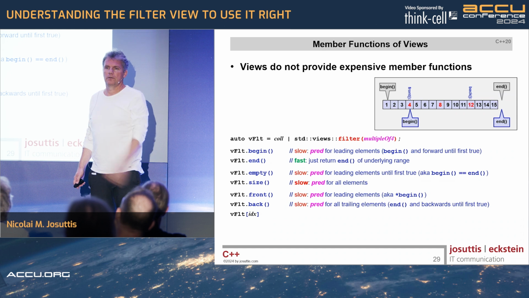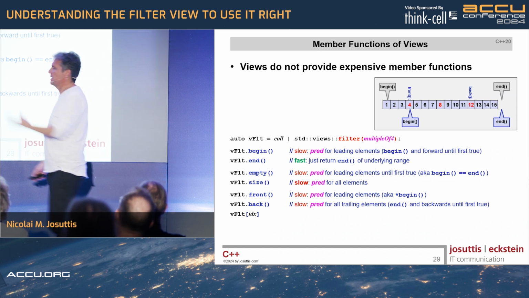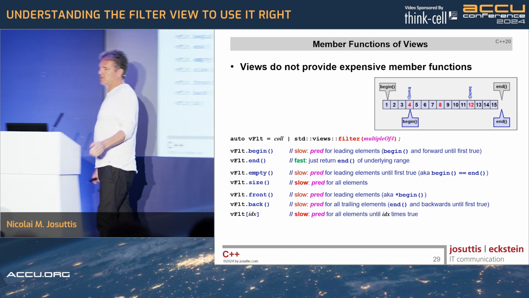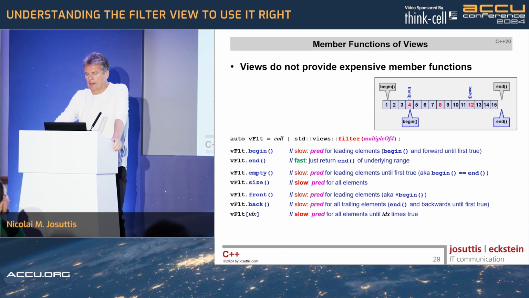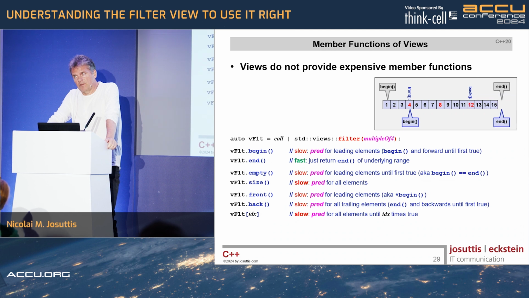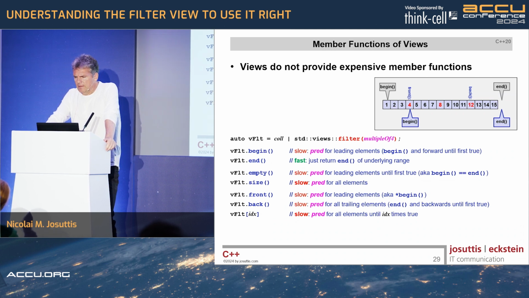So we have the same problem as with begin, but a couple of times. Yeah. So that is the situation we have. We don't like expensive member functions, expensive operations. So let's not provide them unless it makes sense, or it has to be.